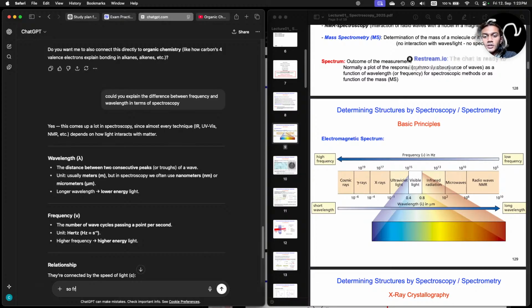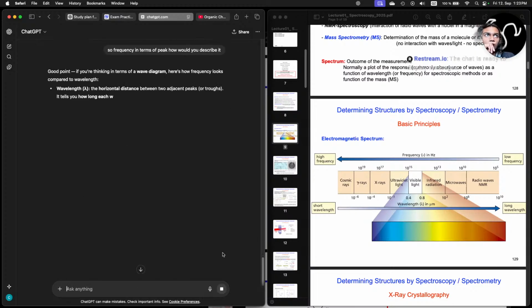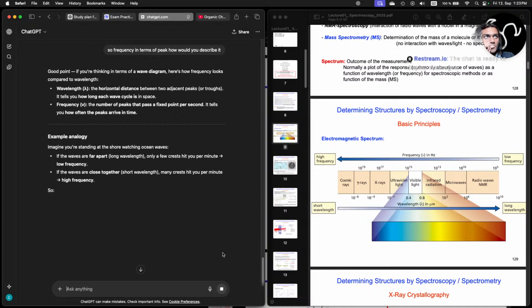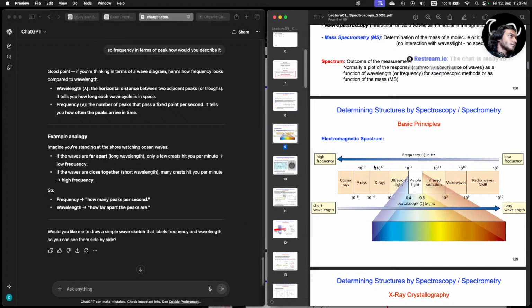So frequency in terms of peak, it's the number of peaks.